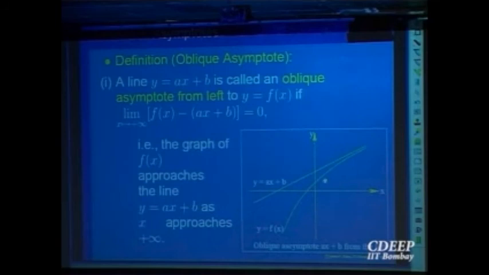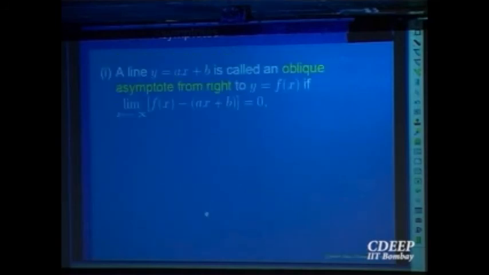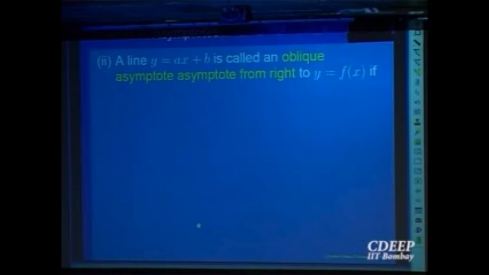So it may look like this, or the other way around. As you go towards minus infinity, it is coming closer to this line. So ax plus b is called an asymptote if this is happening.